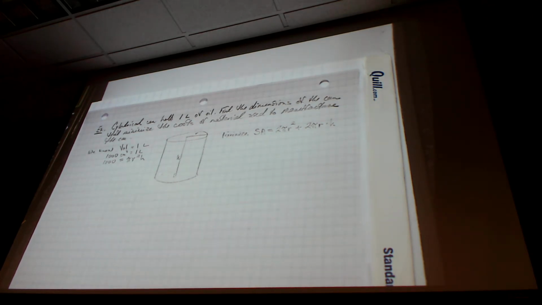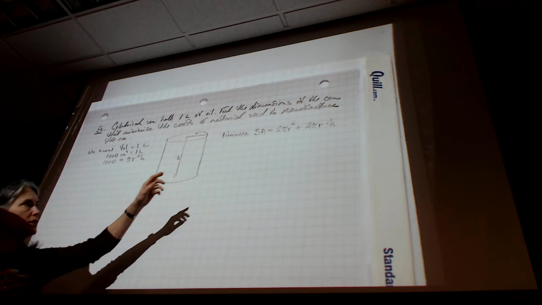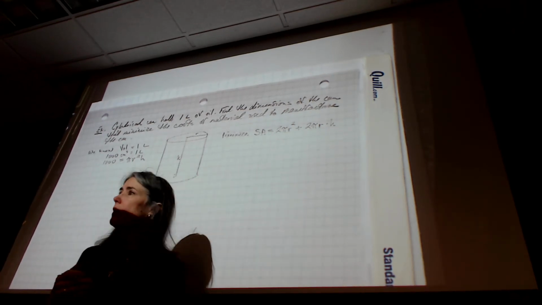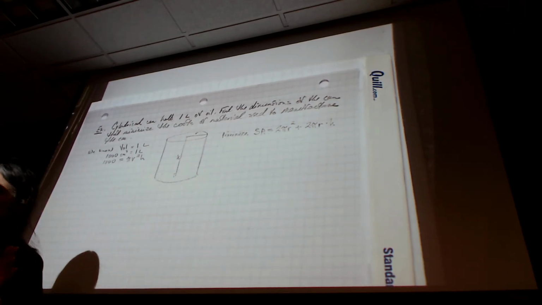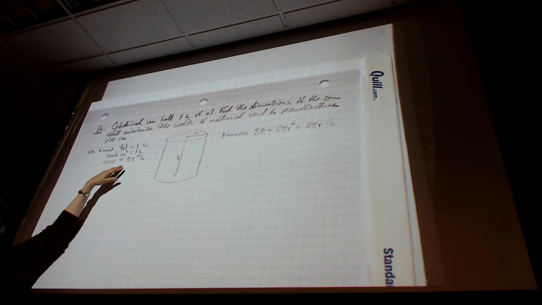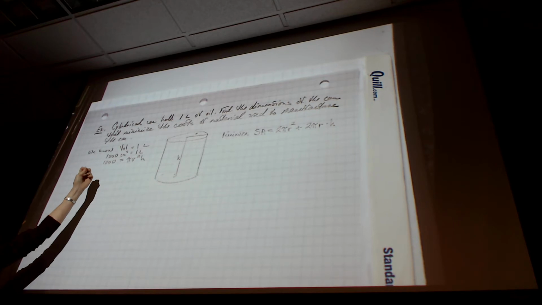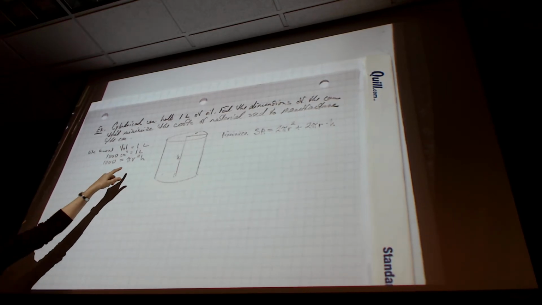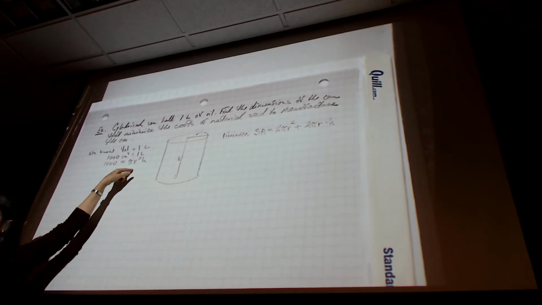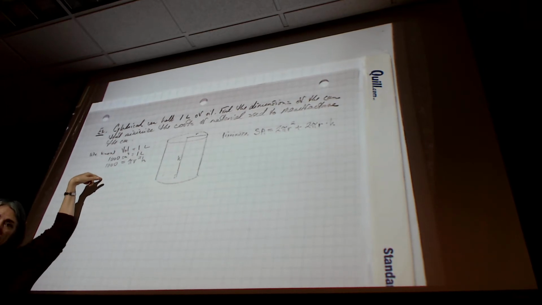Okay. Now, again, I've got an equation, and I've got a couple of variables over here, and I would like to simplify that. I'm going to use my initial constraint here, that it holds 1,000 cubic liters of oil. And so you see how I could solve for h on the right-hand side and get it in terms of r.